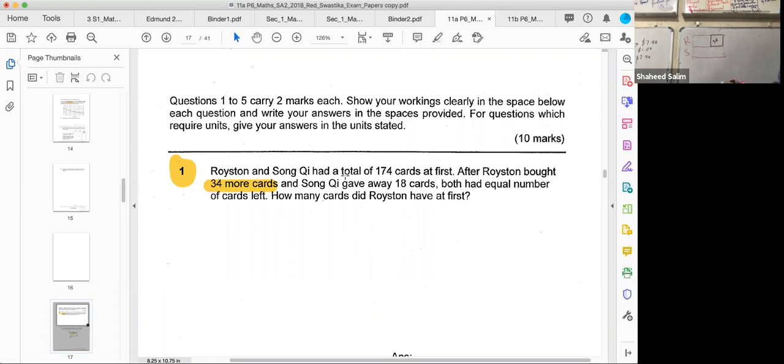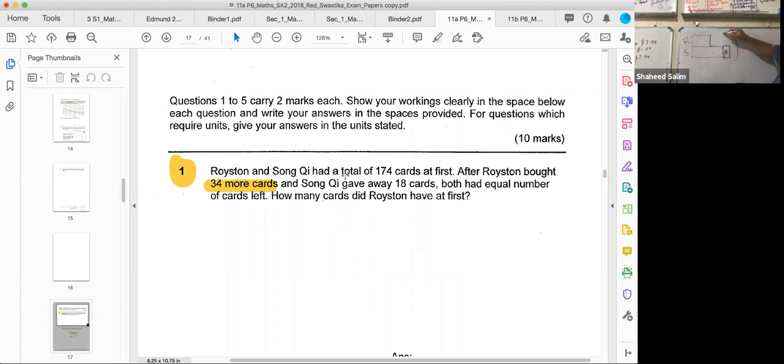Okay, and then this Songki, before he had 18, he gave away 18. So the original 174 is without the 34. Original is without the 34. Is with the 18. He had 18. This is the original.